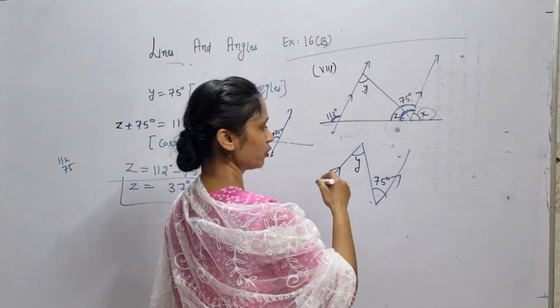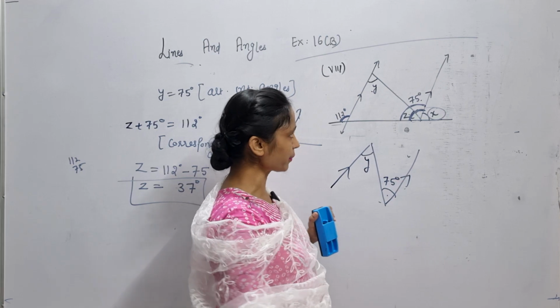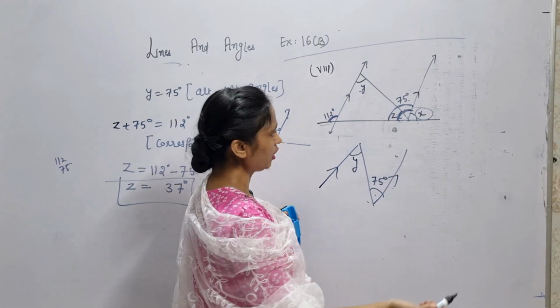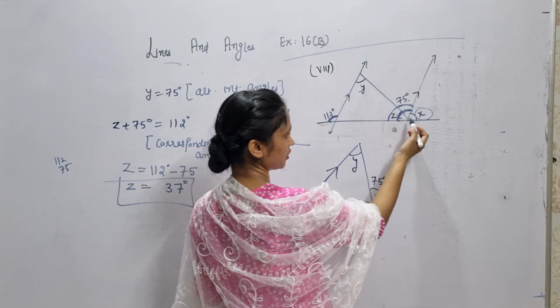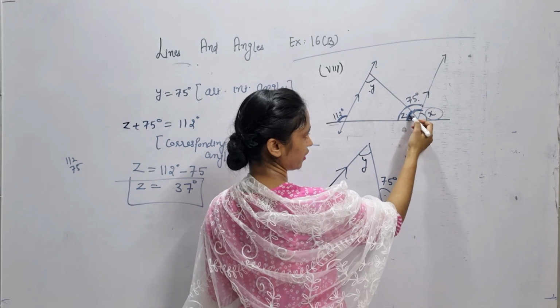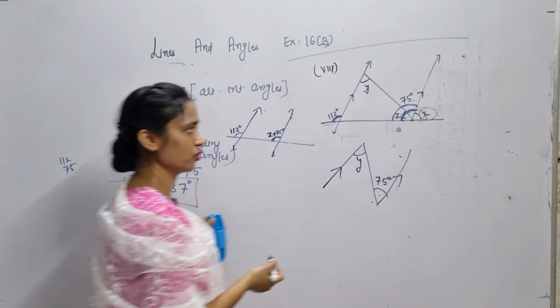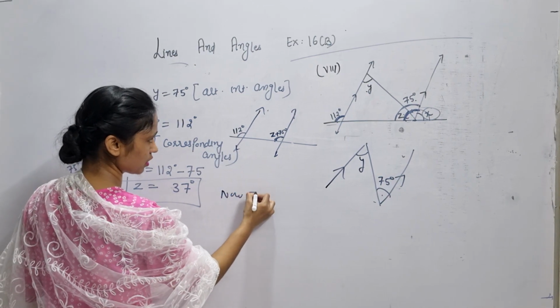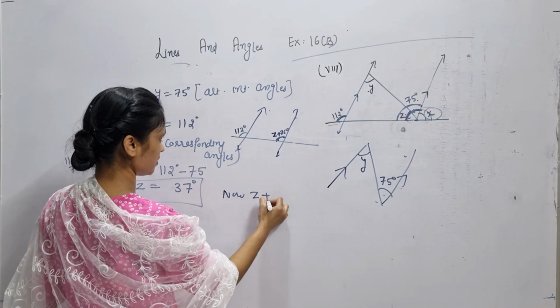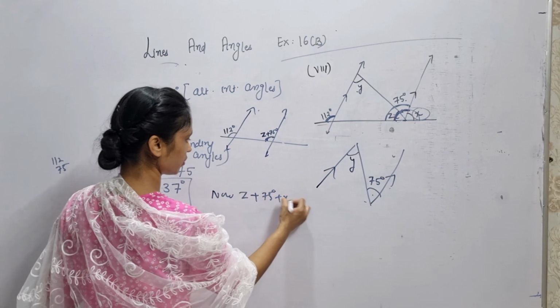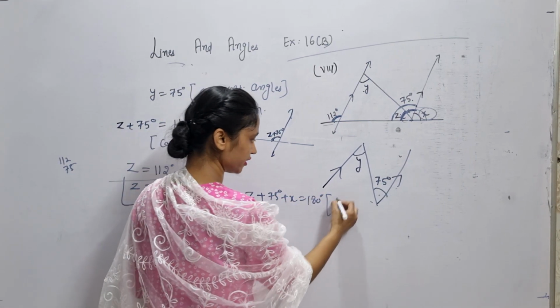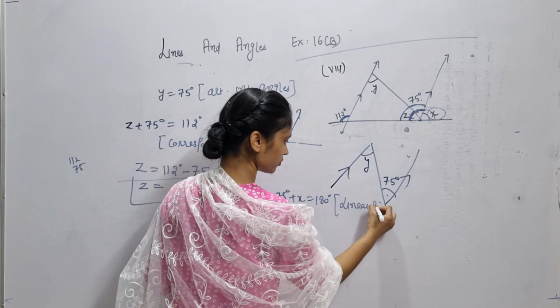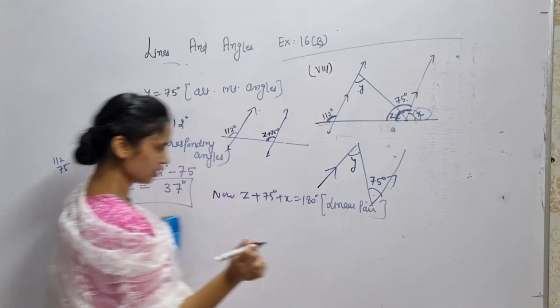So what is left there? X. You can write the linear pair property, or the sum of the angles on a straight line. So z plus 75 degrees plus x will be equal to 180 degrees. I will write here linear pair, or you can write angles on a straight line.